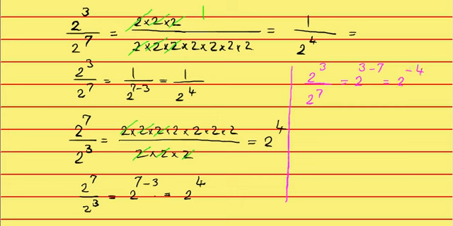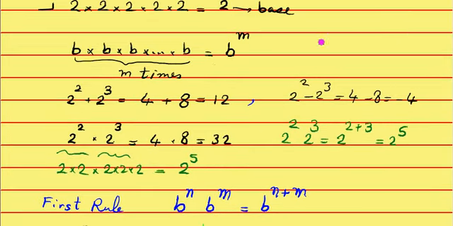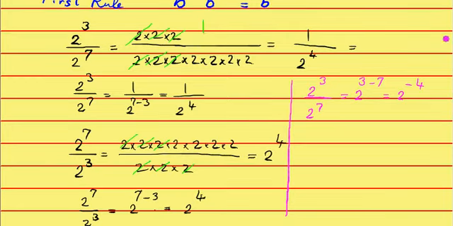The problem is at the very beginning, when we were defining this operation, this number of times had to be a positive whole number of times. It does not make sense to say I'm multiplying a number by itself minus 4 times. So here, this answer that we are writing does not make sense according to our original definition.